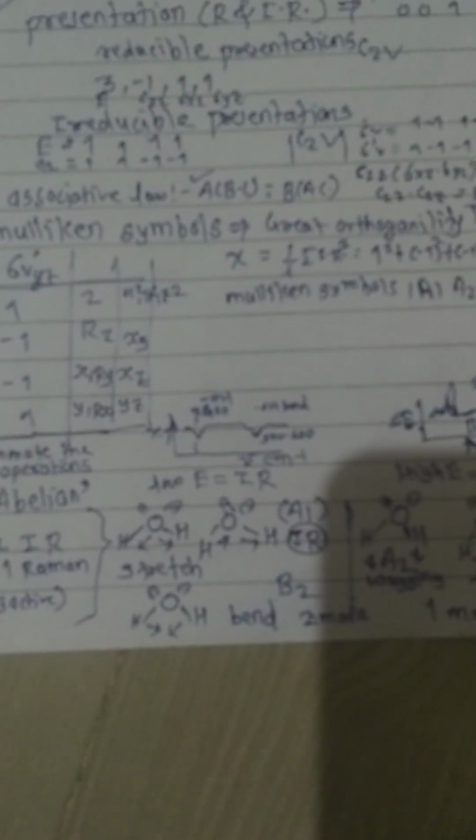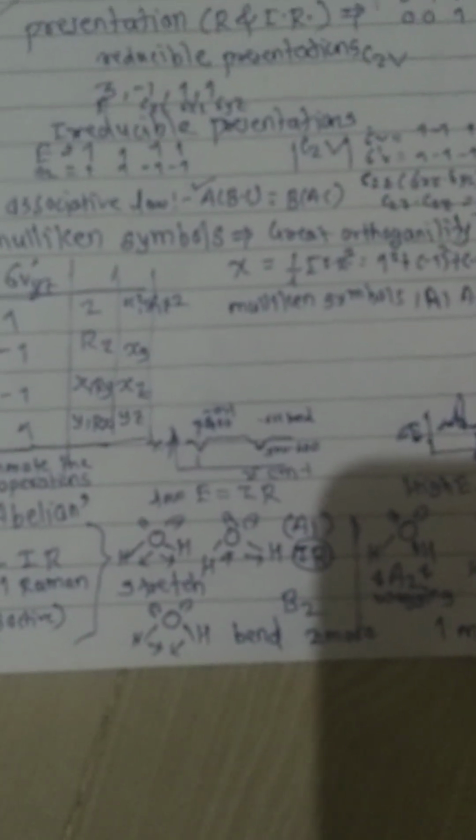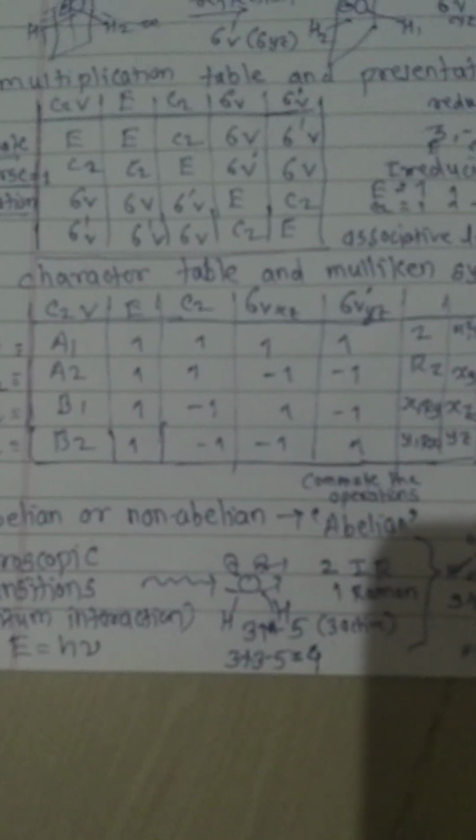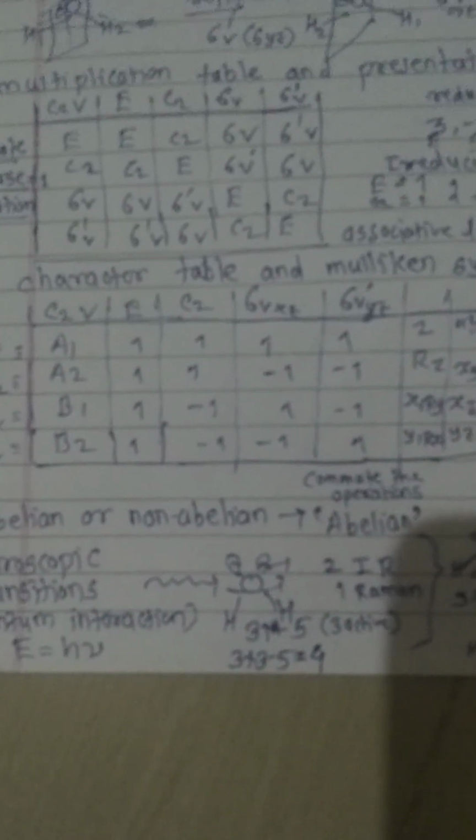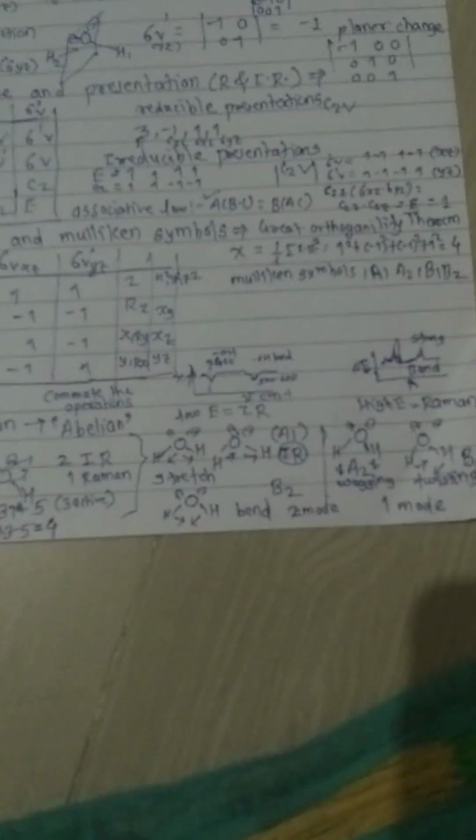That is the stretching type of vibration of the water, symmetric or asymmetric, A1 IR active transition. And B2, that is the last transition, where the reverse changes occur, 1 minus 1 minus 1 to 1 for the symmetry elements. That will be the bending transition in the IR radiation for water, and the Mulliken symbol is B2. So these are the two active modes of IR for the water.